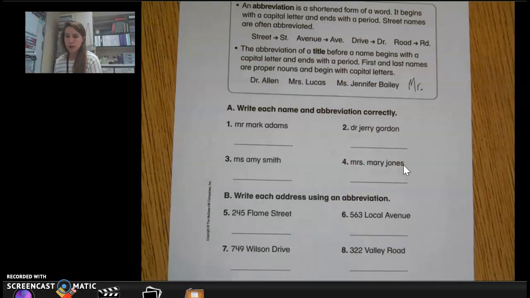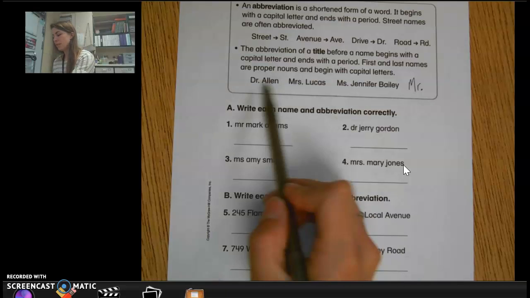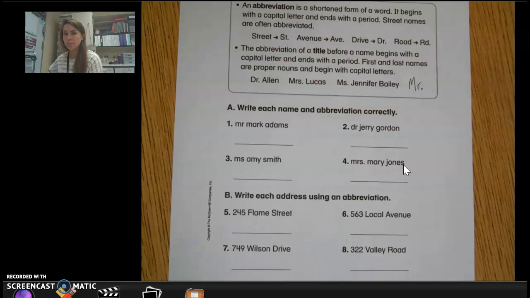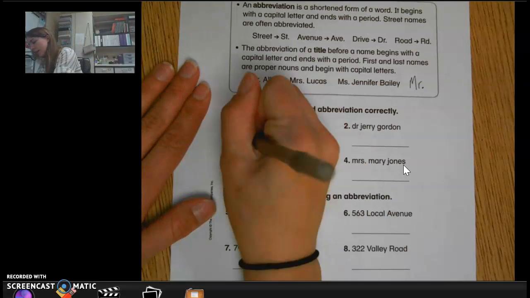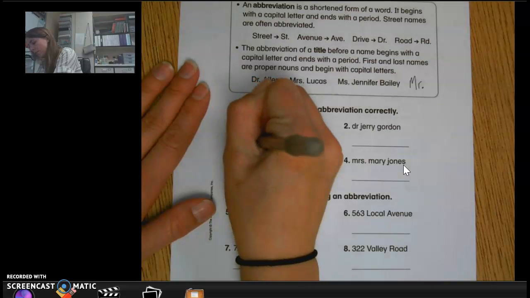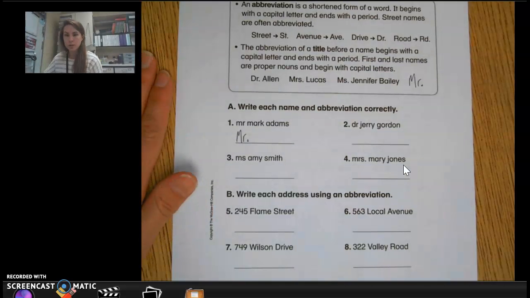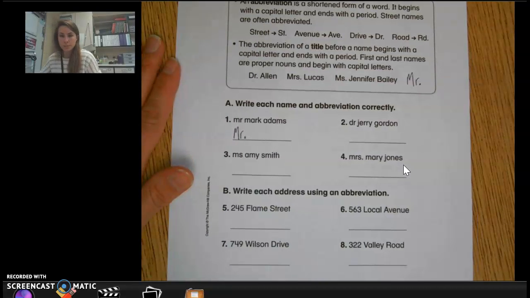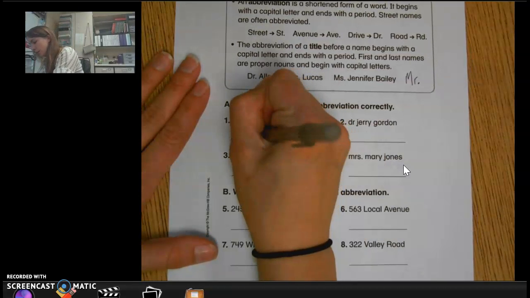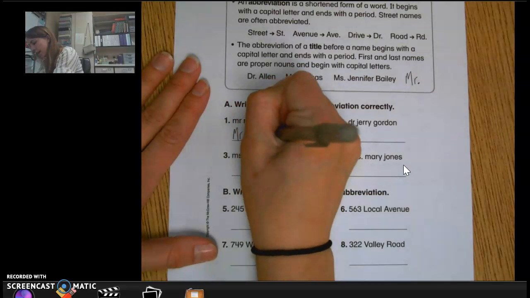So it's not just about writing the abbreviation, it's about making sure you capitalize some proper nouns here, because these titles come before somebody's name. So if I'm doing Mr. Mark Adams, I have to capitalize the M in Mr. because my titles are always capitalized. I have to make sure I add that period. Mark Adams is a proper noun. That is his name.